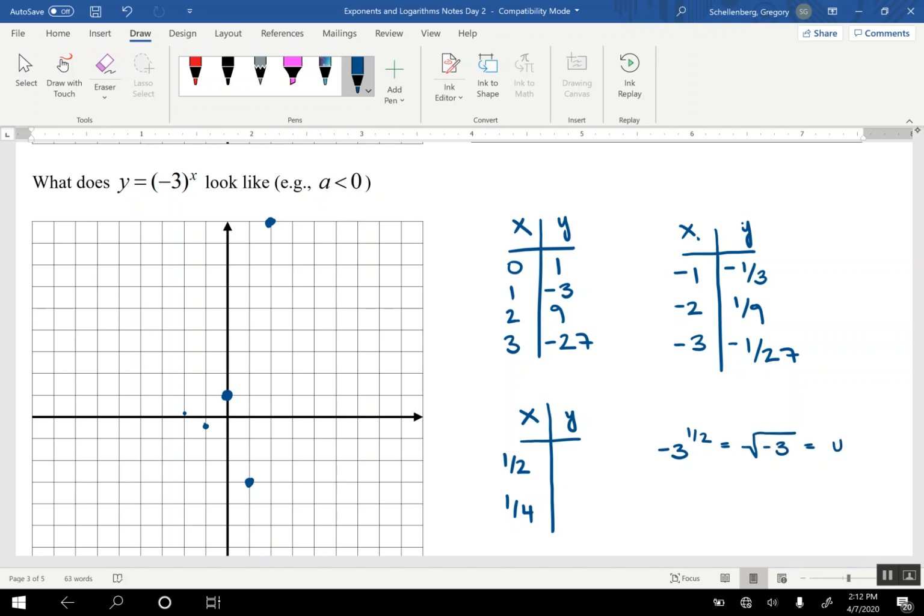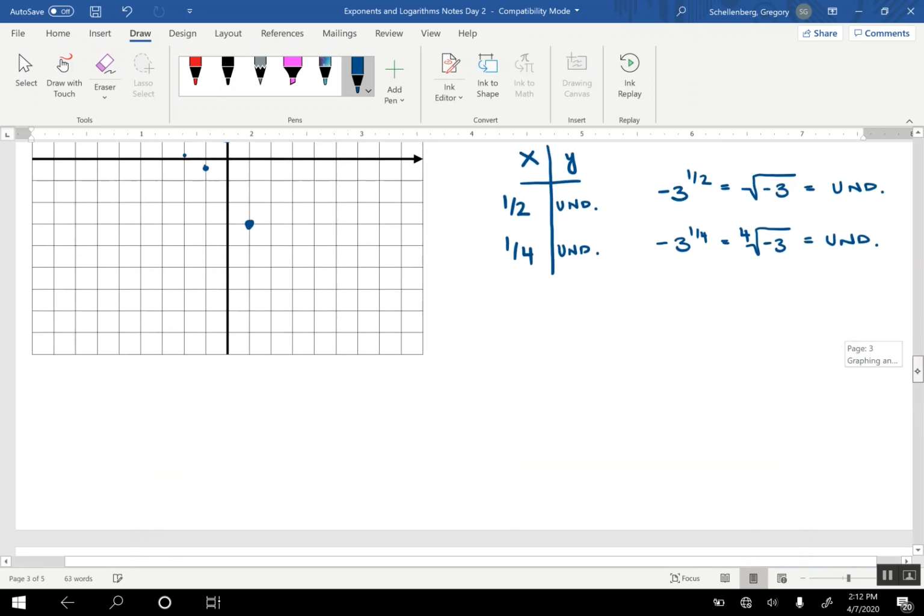Okay, this is undefined. Same thing with 1 over 4. That would be negative 3 to the power of 1 over 4. These are our fractional exponents. This is the fourth root of negative 3, also undefined. We'll just fill that into our table of values, undefined, undefined.